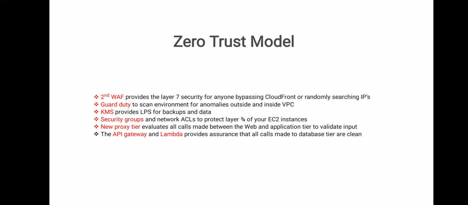As I discussed, a new proxy tier evaluates calls made between the web tier and the application tier to validate the inputs. And we also have an API gateway and a serverless service like Lambda used in this architecture. The API gateway and Lambda provide an opportunity to ensure all calls made to the database tier are well formed and clean.